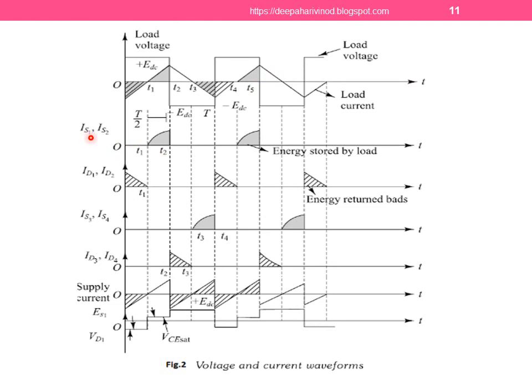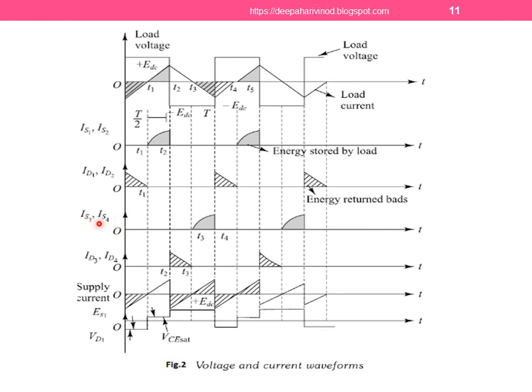So this is the current across the switches IS1 and IS2. S1 and S2 will be on, flowing from T1 to T2 and T4 to T5. Then ID1, diode current, will be flowing from T4 to T5 and T0 to T1.